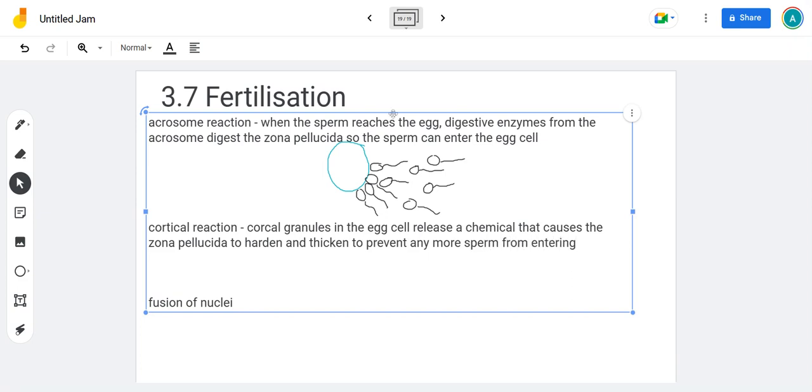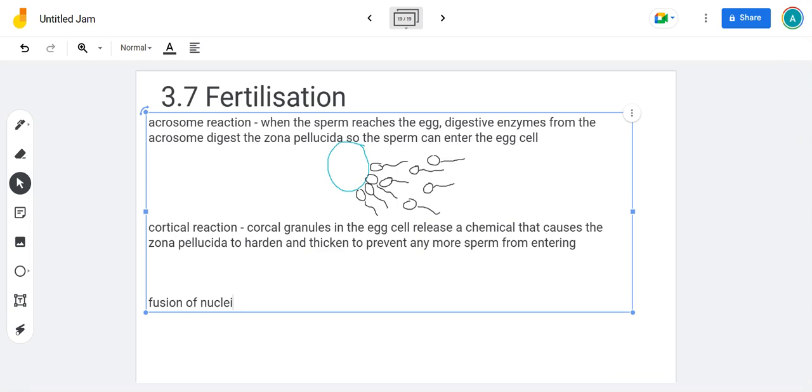Okay, I should have said actually, when we're looking at the acrosome reaction, you could say that the membrane of the sperm and the membrane of the egg actually fused. You could say that if you wanted to.